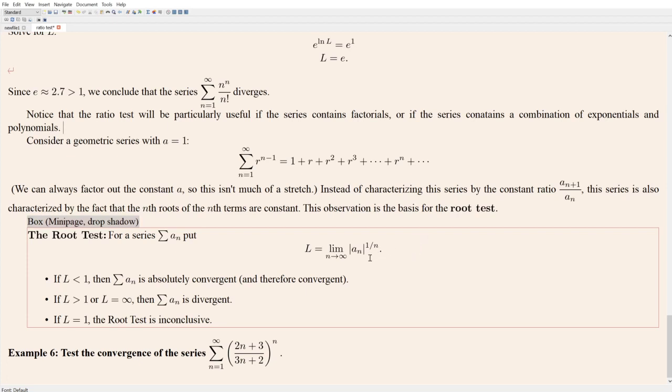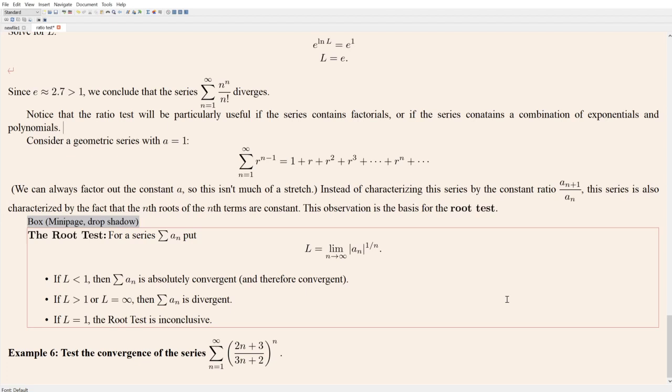And aside from the fact that we are now looking at a different invariant, everything else is exactly the same. The conclusions are exactly the same as in the ratio test. If this is smaller than 1, it converges absolutely. If it's larger than 1 or infinity, then it diverges. If it equals 1, then we can't say anything.